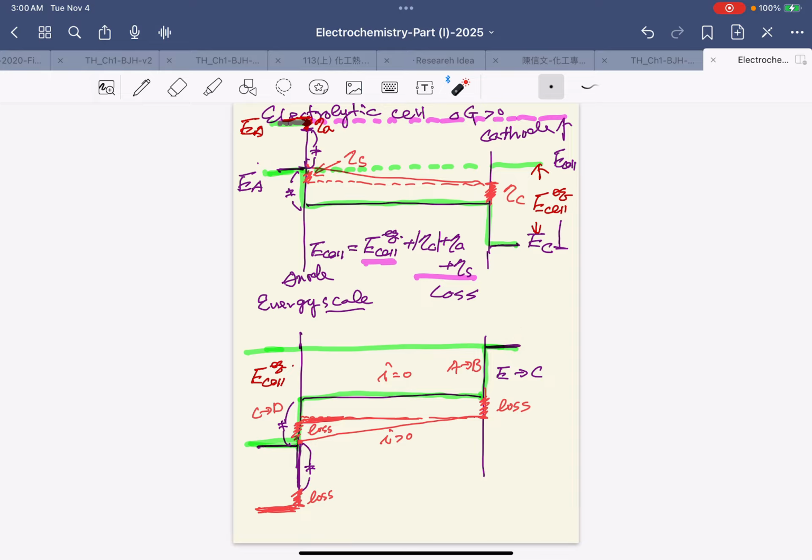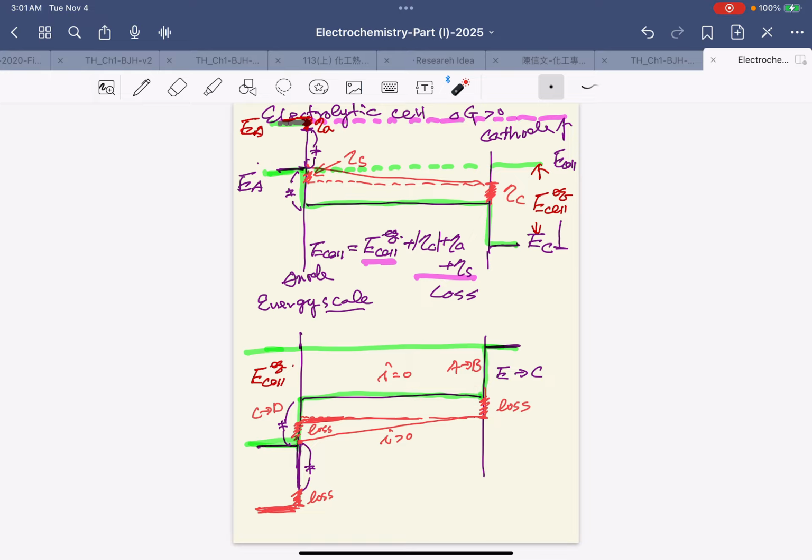As I mentioned, drawing in the energy scale is always better. For the electrolytic cell, you convert the electric energy to chemical energy. So you consume the energy of the electron. Originally, your energy is like this, right? This is the original diagram.